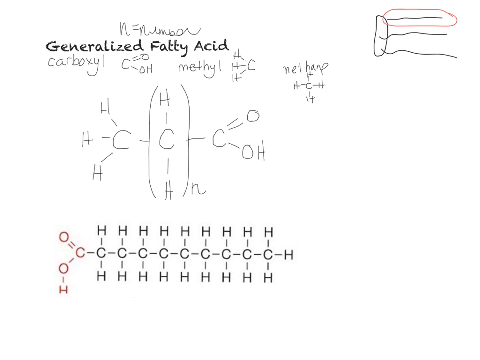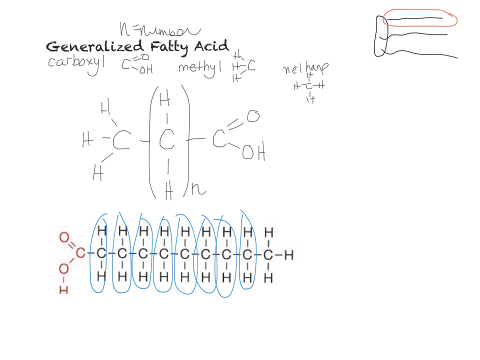If I take a look at this molecule down here, here's the carboxyl group. And again, it's okay that they drew it on the other side. Here's my methyl group, and then this guy has 1, 2, 3, 4, 5, 6, 7, 8. So its N number would be 8.